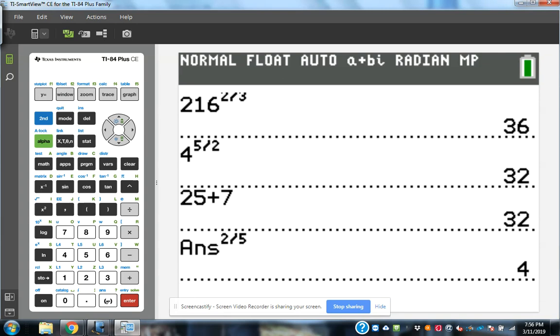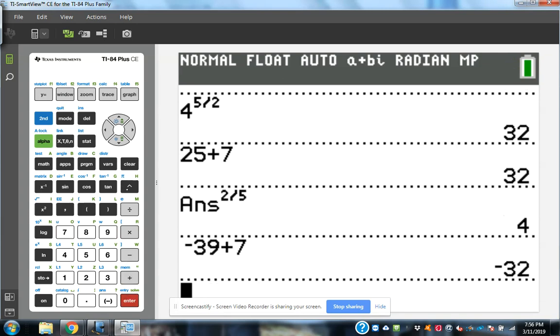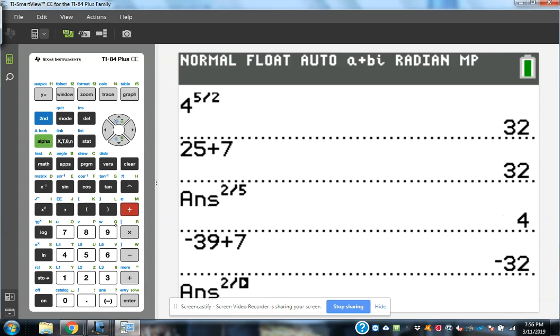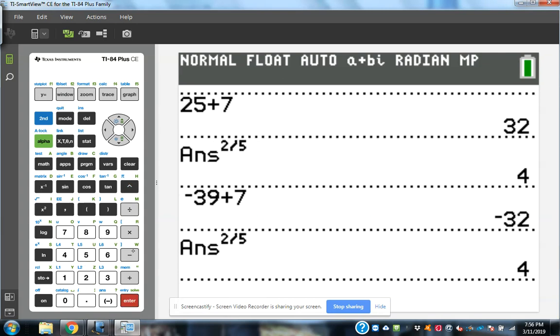It's 4. And then I take negative 39 plus 7 raised to the 2/5 power. Does it equal 4? It does. So both of those work. I'm checking them just the same way that I did with the radicals, because technically these are still radicals, but they're just written with rational exponents.